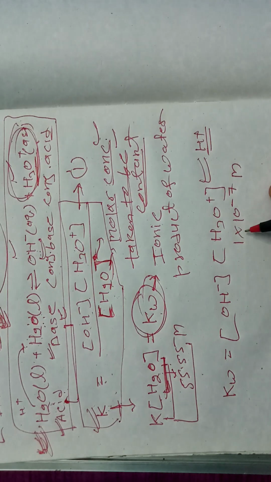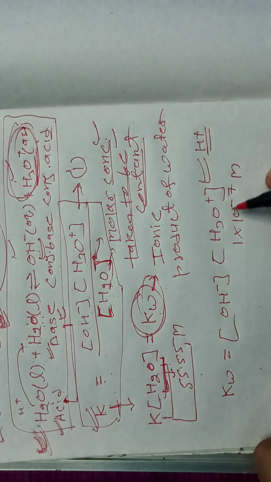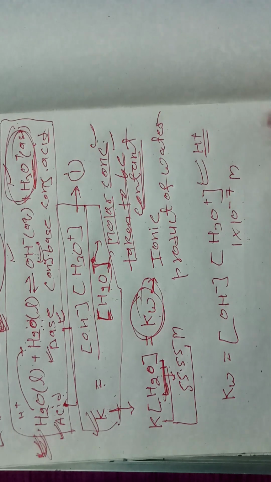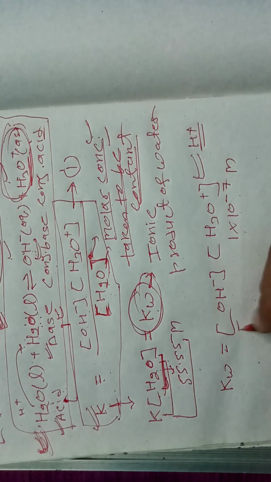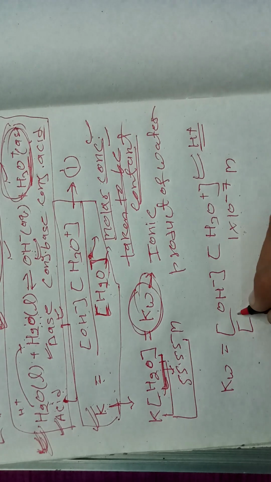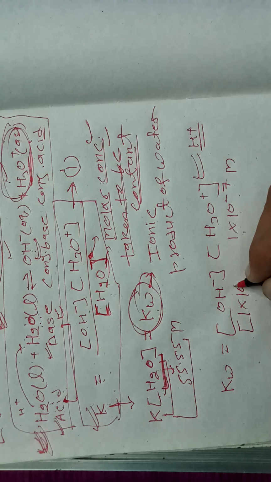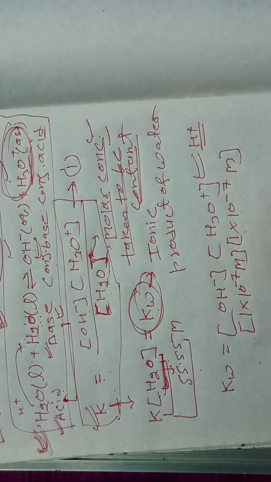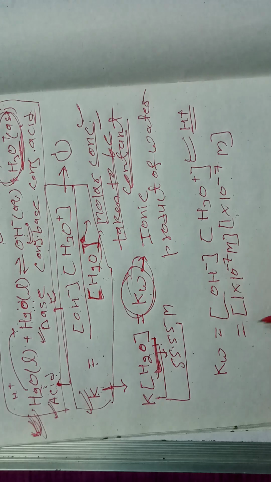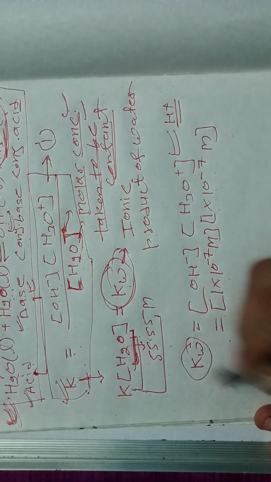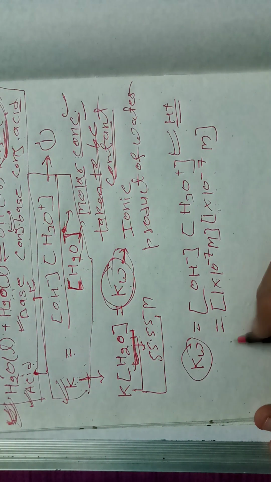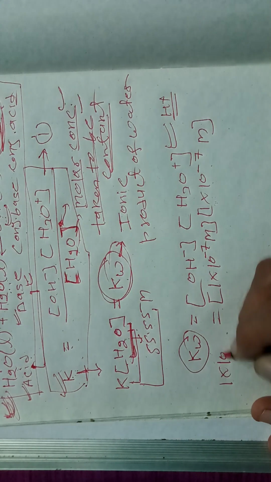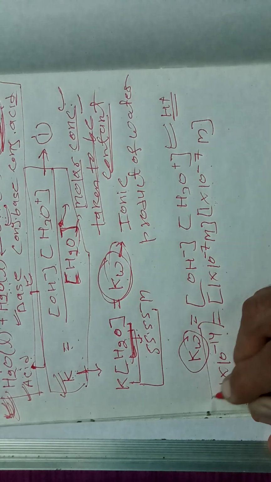So if the concentration of H3O plus ion is 1 into 10 to power minus 7, the concentration of hydroxyl ion will also be 1 into 10 to power minus 7 M. And in this way, the value of Kw, that is ionic product of water, comes as 1 into 10 to power minus 14.